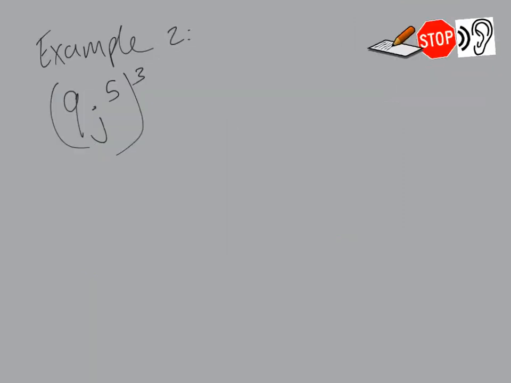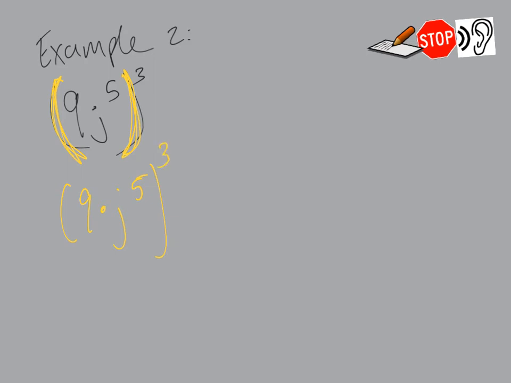So now for our example here, we have a product, 9j to the 5th, all to the third power. Again, remember, a product is just an answer to a multiplication question. We have a product, and we're taking that to the power. So now because of these parentheses in here, these parentheses are saying, okay, take everything in parentheses to the third power. Remind yourself that in the parentheses, we have a multiplication problem, 9 times j to the 5th.